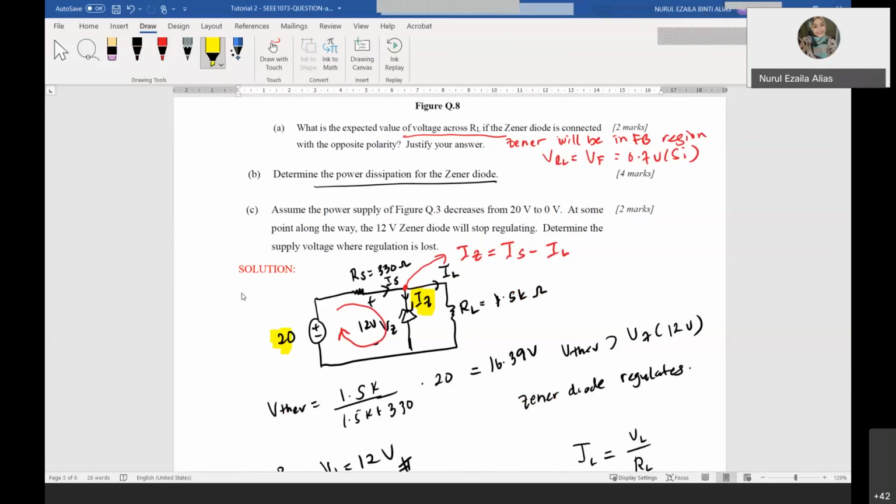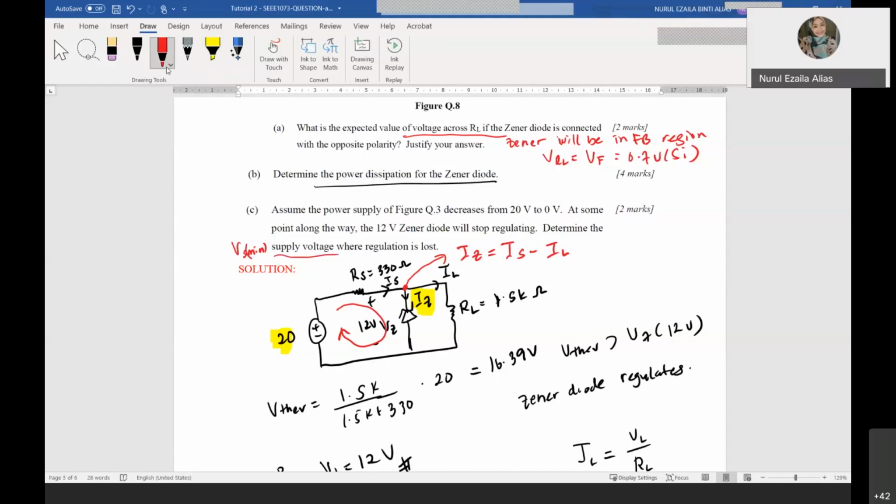Now they want to know the supply voltage where the regulation is lost, meaning they want to know the minimum VS, the minimum power supply that it could be.